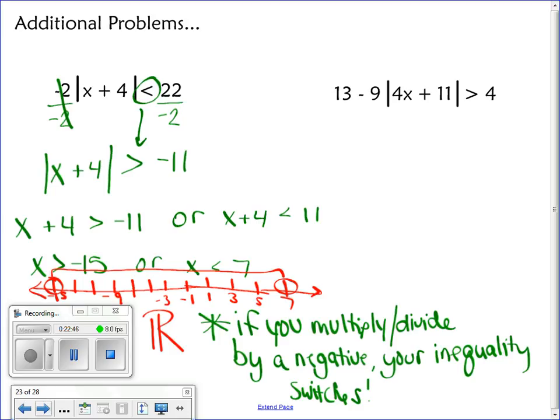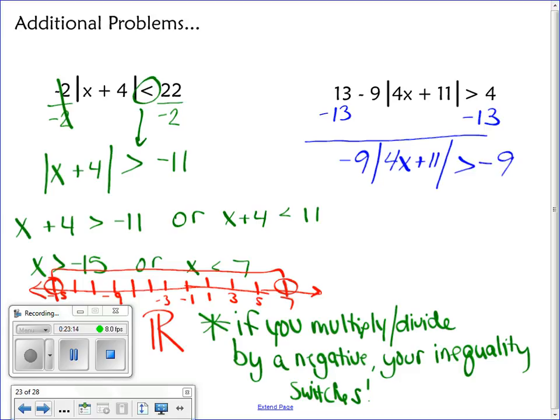Not problem 13. So what do you do first? Do I do 13 minus 9? Do I divide by 9? I take away the 13. Yes. Yeah, on this one, we need to subtract the 13. I think we had conversations about this yesterday. So we have -9 times the absolute value of 4x plus 11 is greater than -9.